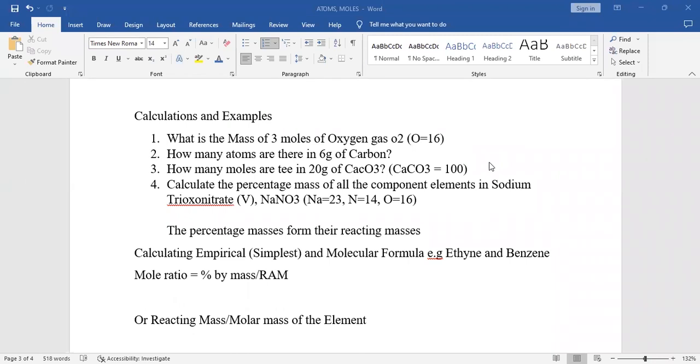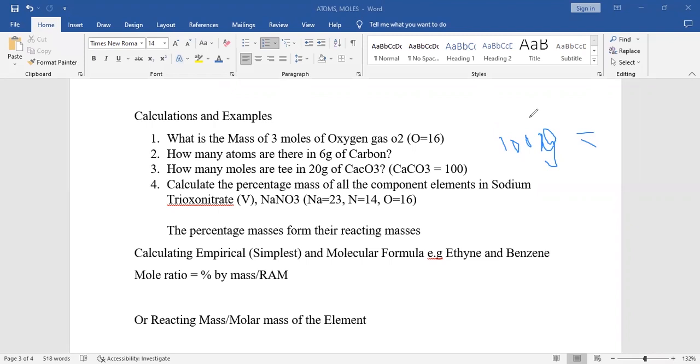All right, so we'll just continue. So I was saying that here we are in number 3. How many moles are there in 20 grams of calcium carbonate? We already know the relative molecular mass is 100. So 100 grams will give you what? 1 mole.